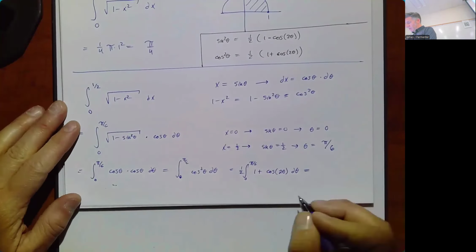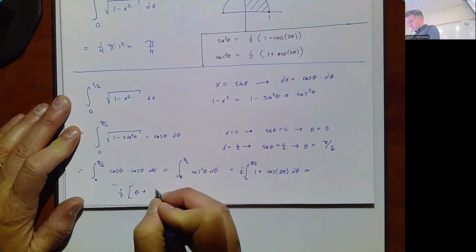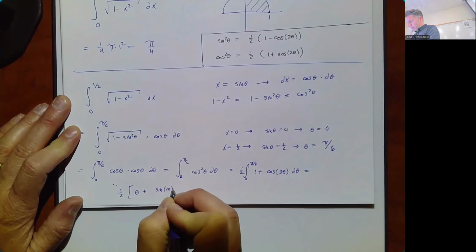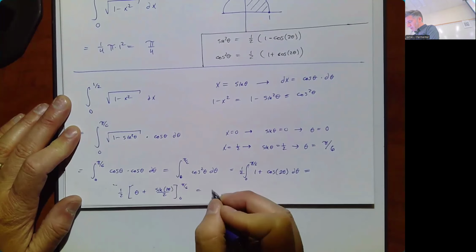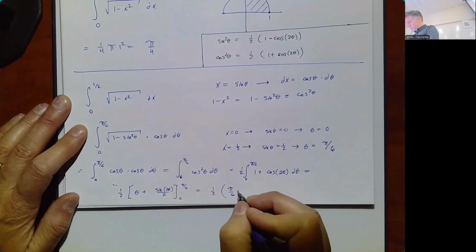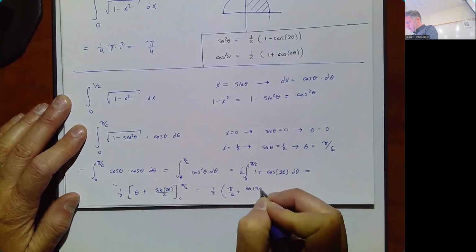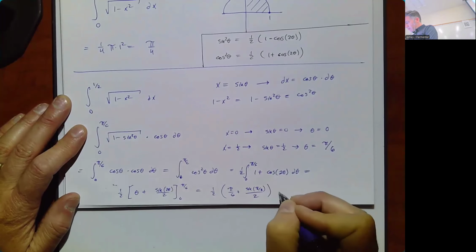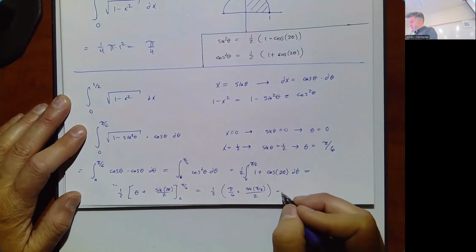Anyway, integrating this, we get 1/2 times theta plus sine of 2 theta divided by 2, from 0 to pi over 6. And then we plug in. We get 1/2 times pi over 6 plus sine of 2 times pi over 6, which is sine of pi over 3, over 2, minus 1/2 times 0 plus 0, because sine of 0 is 0.